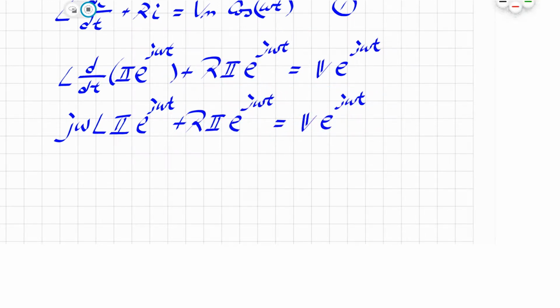And you can see from there, we have e to the j omega t, e to the j omega t, e to the j omega t. So we end up with a phasor form.